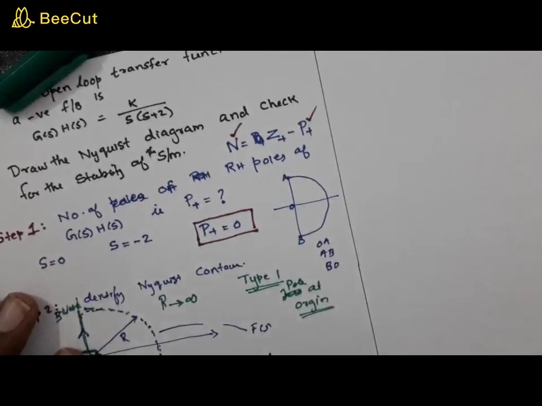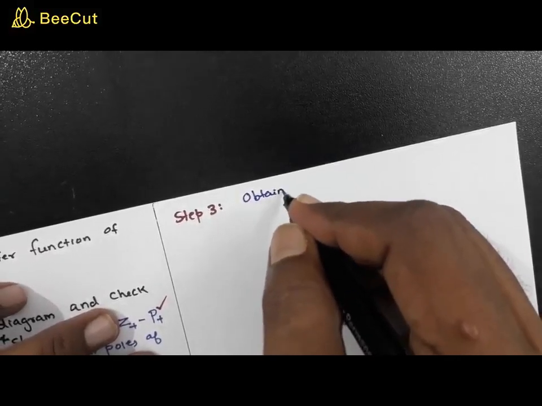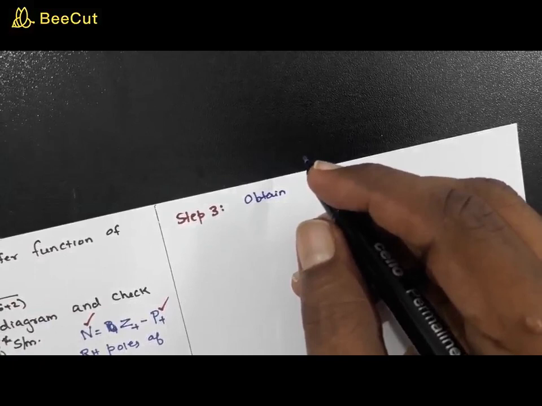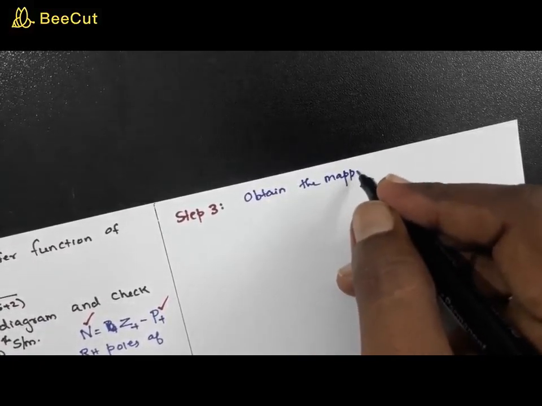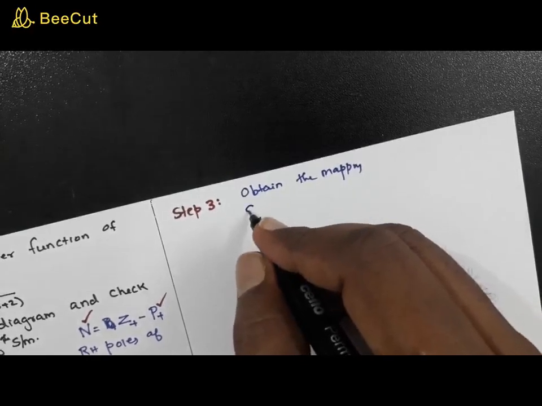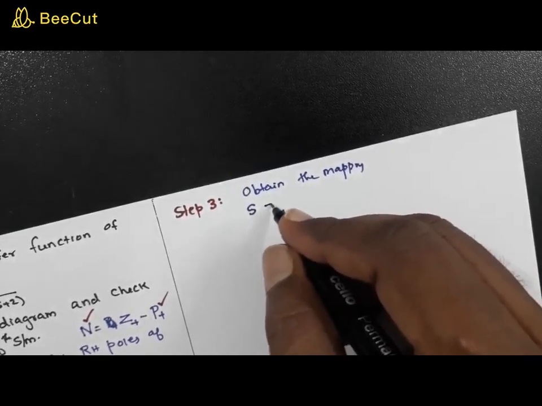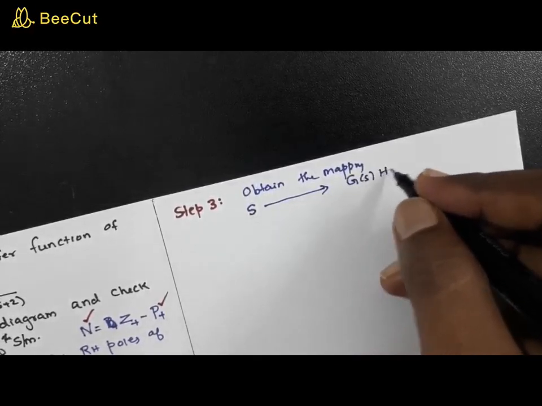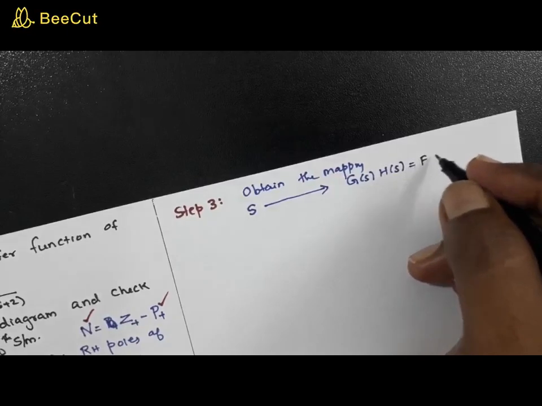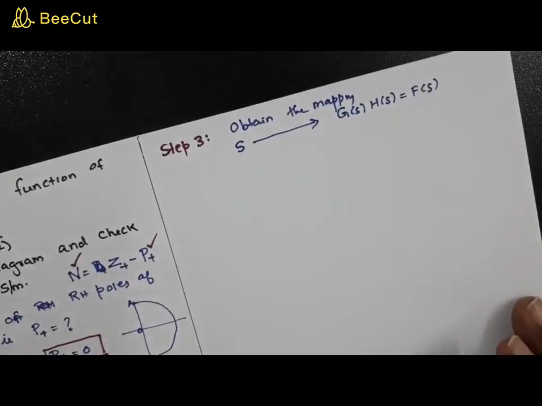Next step is to obtain the mapping, to perform the mapping from the S-plane of concern to G(s)H(s), which is considered to be your f of s, right? So you need to map this. Now, how to map this? That's the next issue.